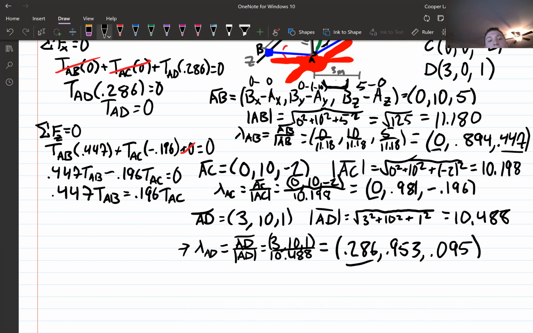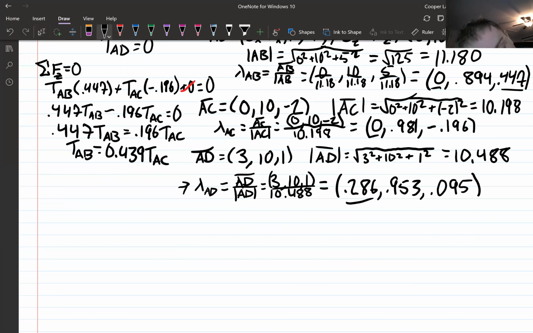Now I'm going to divide by the 0.447. And when I do that, I get TAB equals 0.439 TAC.